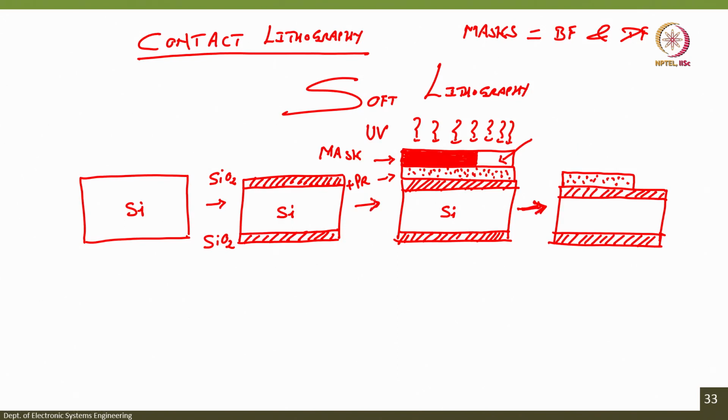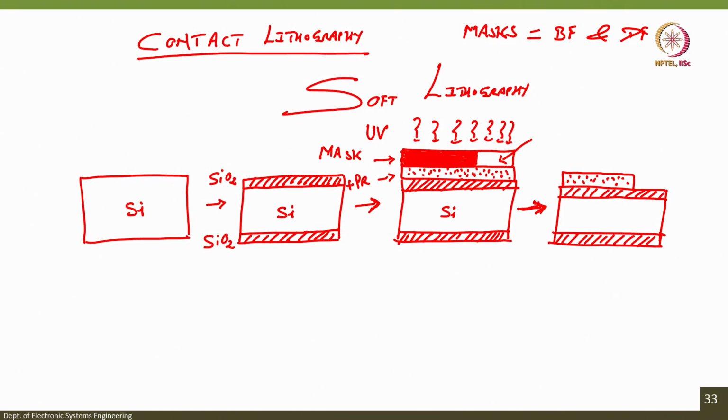When we start by spin coating photoresist, you need to always understand that it is followed by a soft bake at 95 degree centigrade, 1 minute on a hot plate, and then you load the mask followed by UV exposure, then unload the mask, develop the photoresist by dipping the wafer in photoresist developer. This is a positive photoresist, so we have positive photoresist developer followed by hard bake. Hard bake is done at 120 degree centigrade, 1 minute on a hot plate, correct.